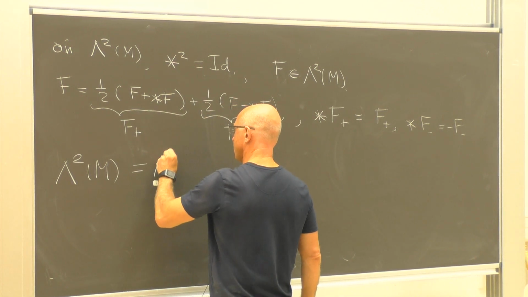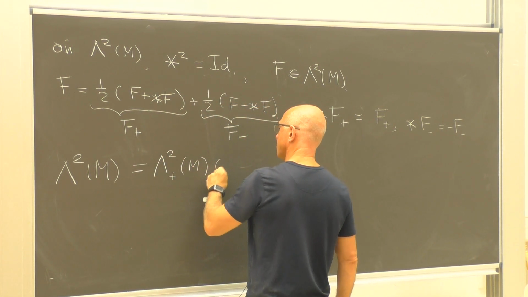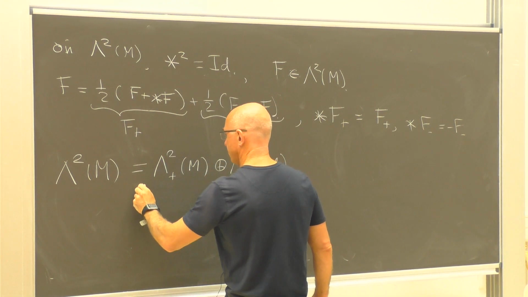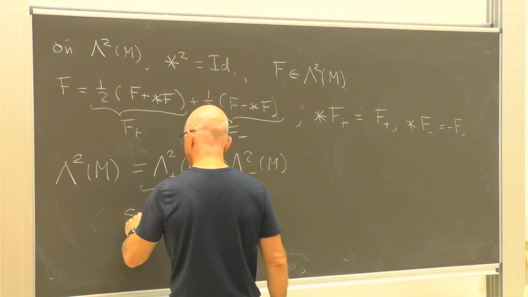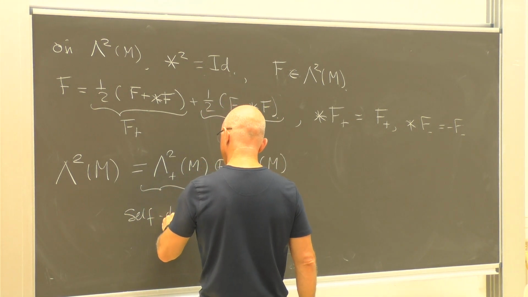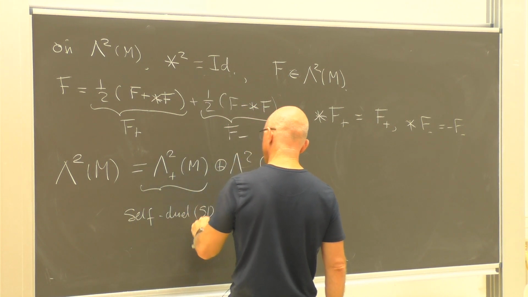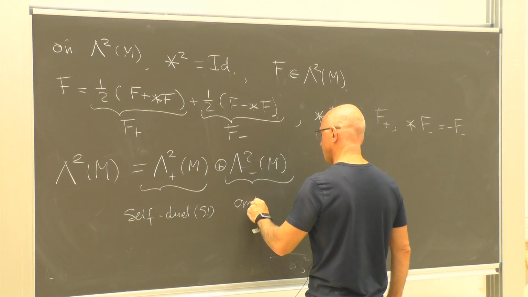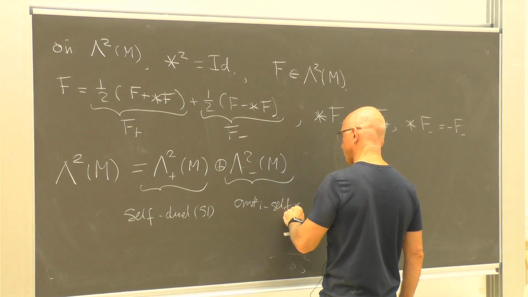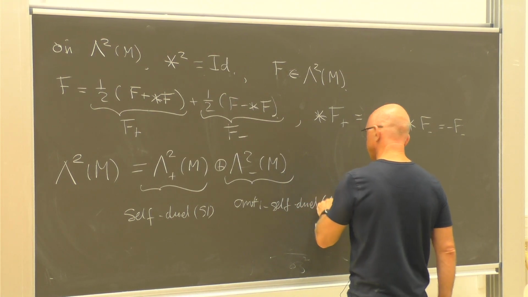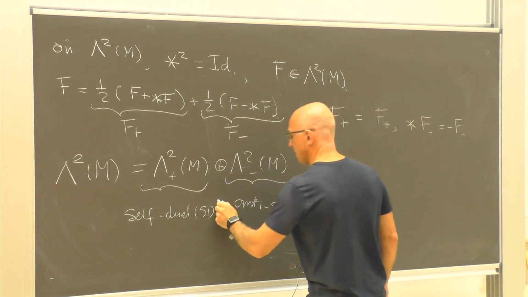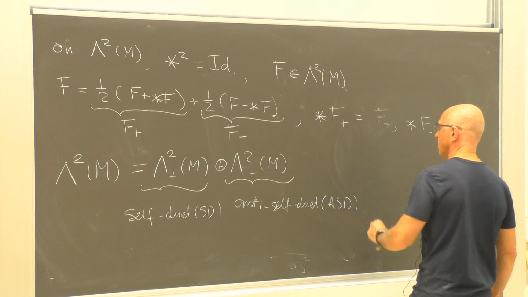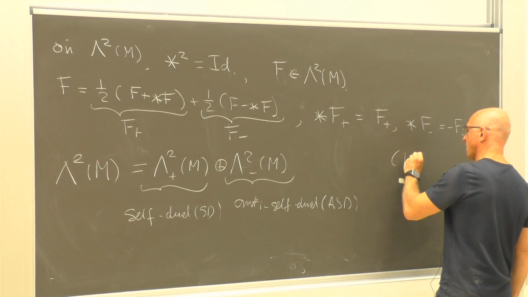Call them gamma 2 plus M, gamma 2 minus M. And these are self-dual or SD forms, and these are anti-self-dual, ASD. Okay, and this is 6-dimensional, and these are 3-dimensional. We call this 1.1.